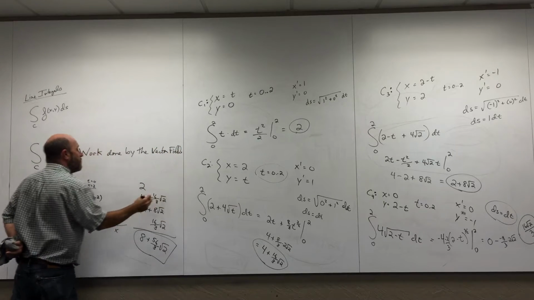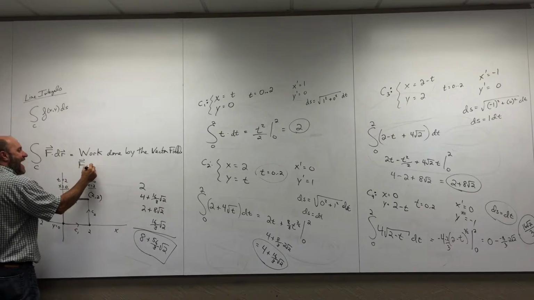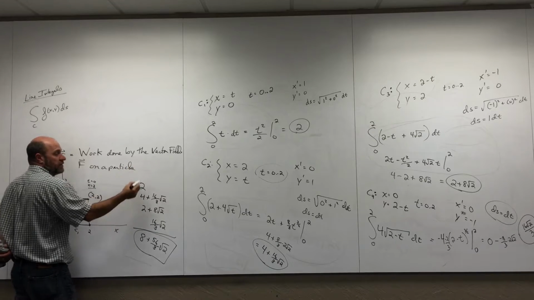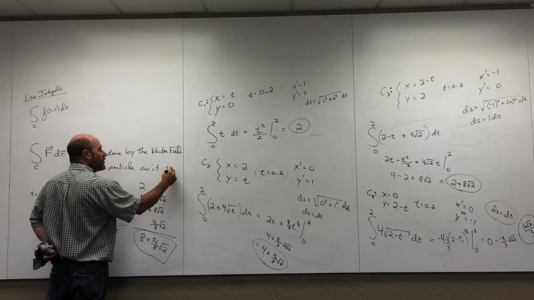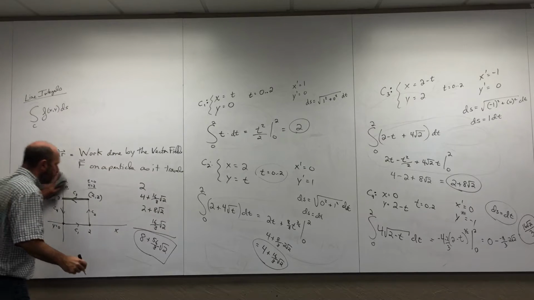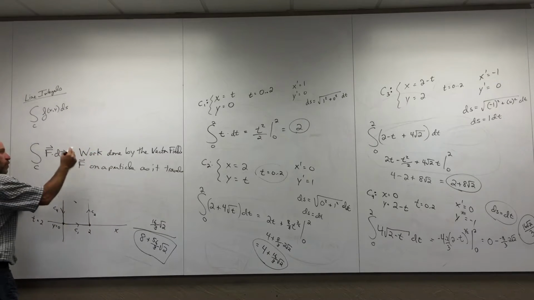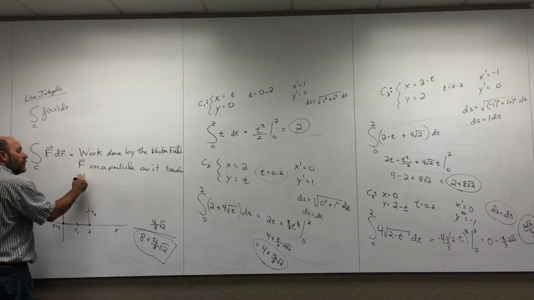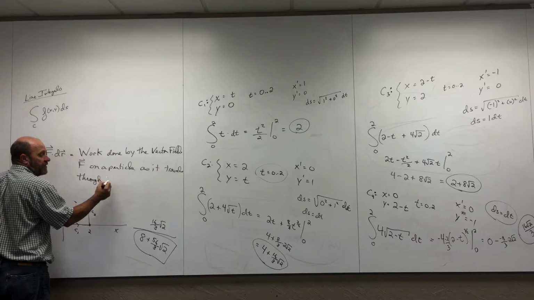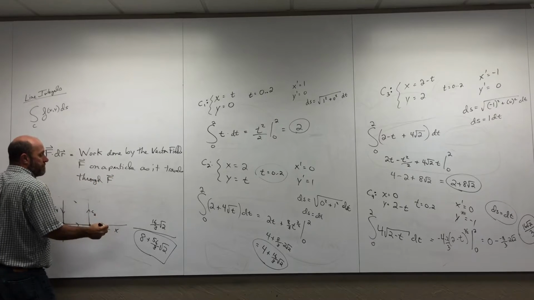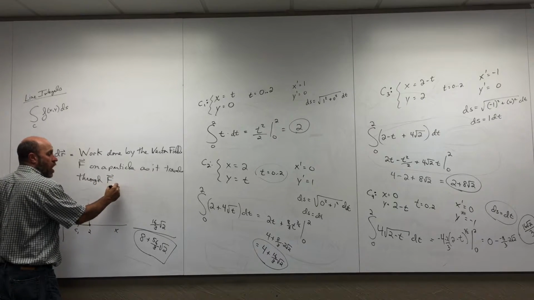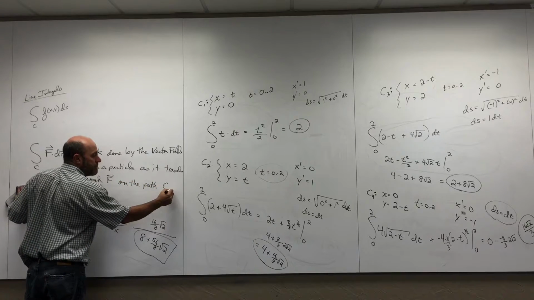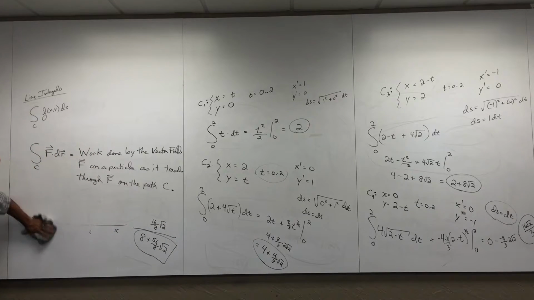This is the work done by the vector field F on a particle as it travels through the vector field F on the path or curve C. Wow, this is cool.